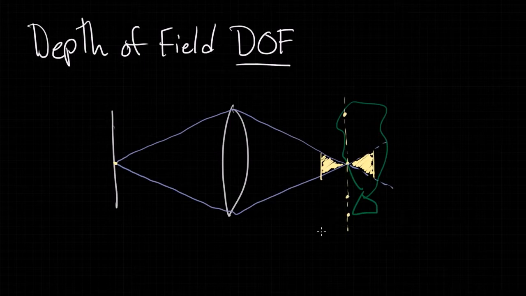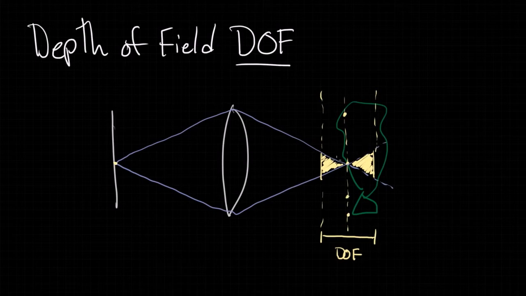So this area here, as the light spreads apart, it's getting more and more out of focus. And that distance here, from say here back to here, this is our depth of field. It's the area where, okay, now it starts to be in focus, and then it starts to go out of focus again. And again, because it's for any point along this line, this whole area in here is what becomes in focus.